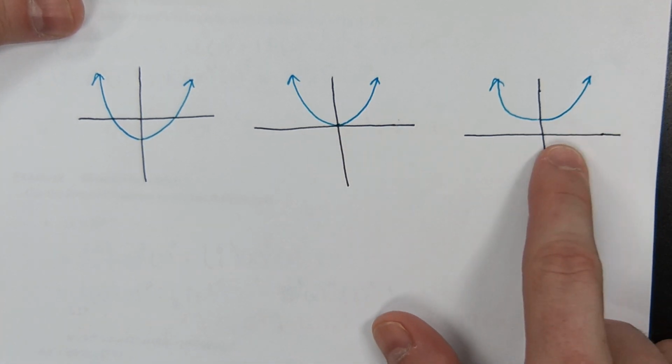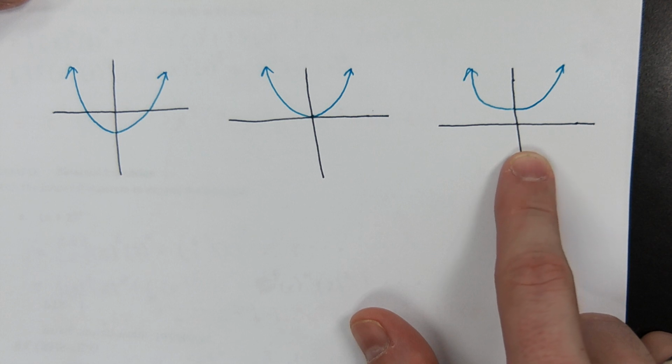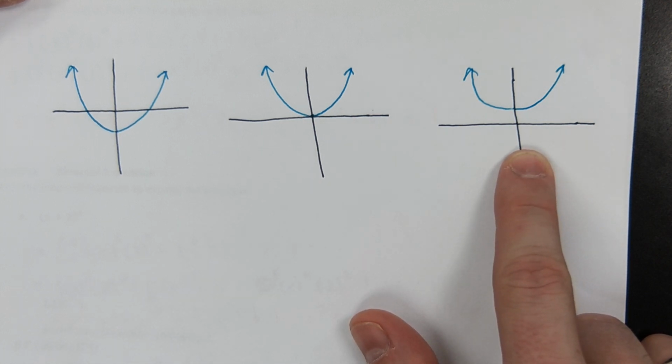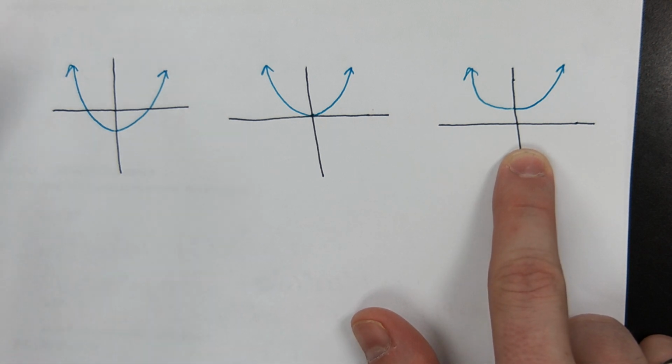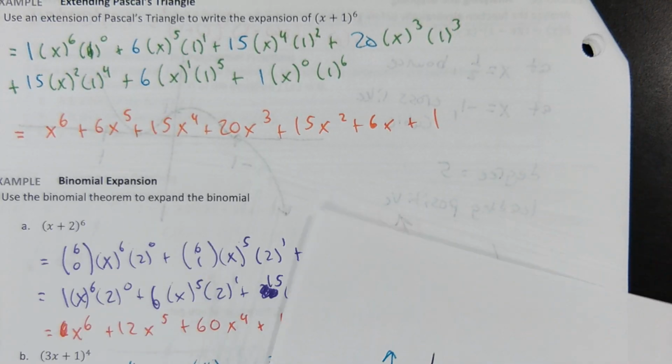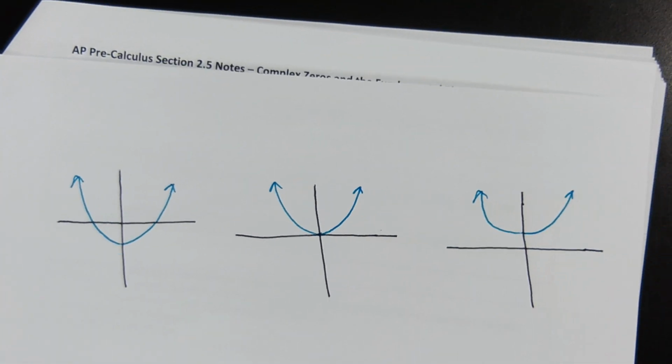How many x-intercepts does this graph have? 0 x-intercepts. How many solutions does it have? It still has 2 solutions. So even though it has no x-intercepts, it still has 2 solutions. So what's going on? Well, what's going on is our solutions are no longer real numbers.